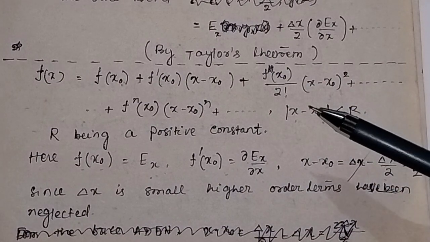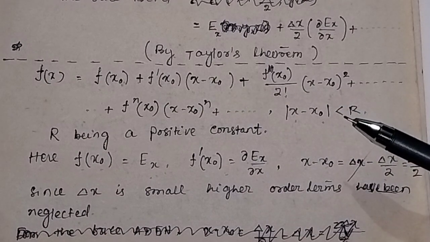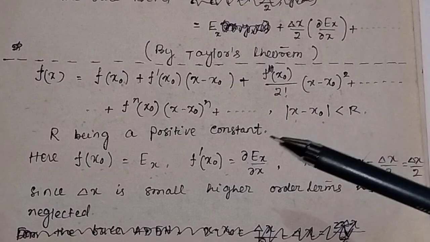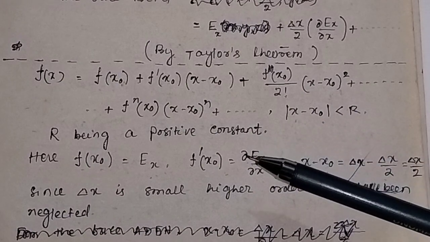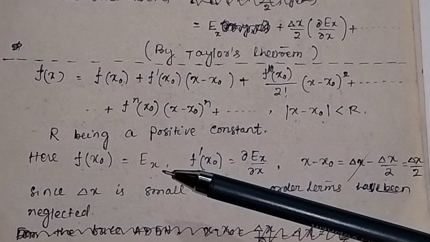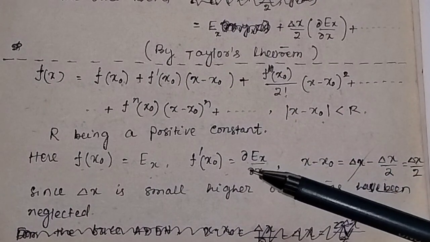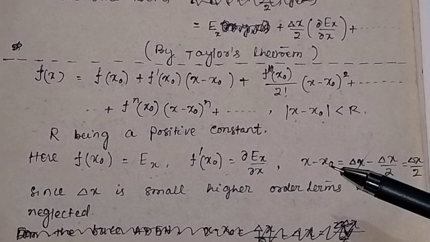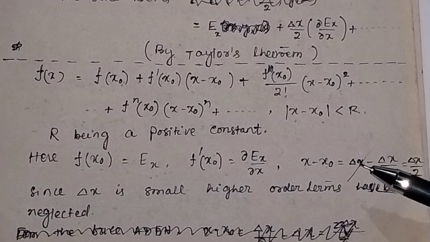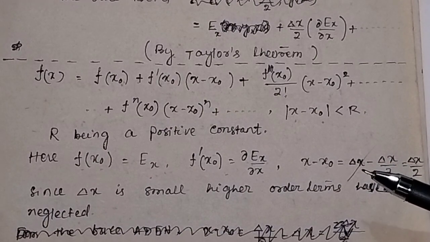Here the difference x minus x0 is a very small quantity which is less than r, r being a positive constant. And the first term here, f(x0), we have taken as E0, and the derivative f'(x0) is equal to del Ex by del x, and the difference x minus x0, since the length of the container we have taken is equal to delta x.